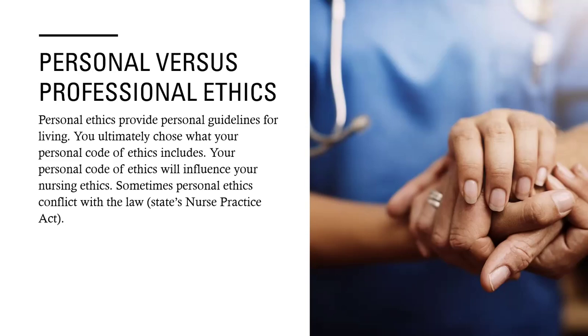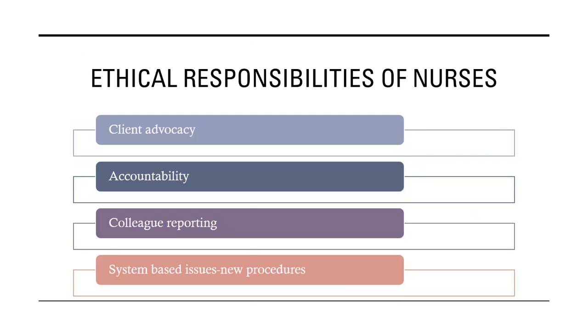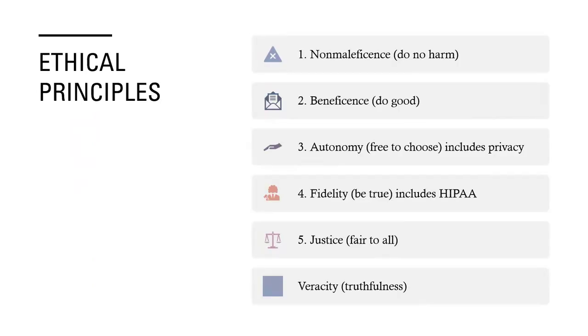It occurs when a nurse knows the ethically correct answer or action, but feels powerless to act due to institutional or legal constraints. Personally, you know the correct thing to do, but then you just feel powerless. That's what we call moral distress.